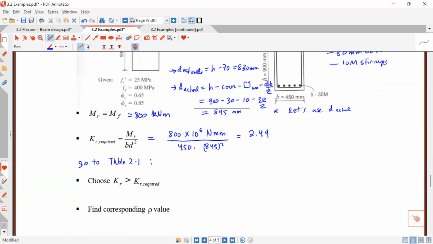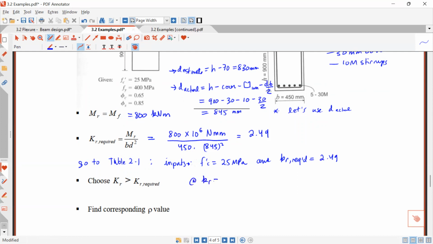Okay, so the inputs are F prime C, which in this example is 25 MPa, and KR required, which is 2.49. I'm going to show you in the table, but let's just write it here to start.